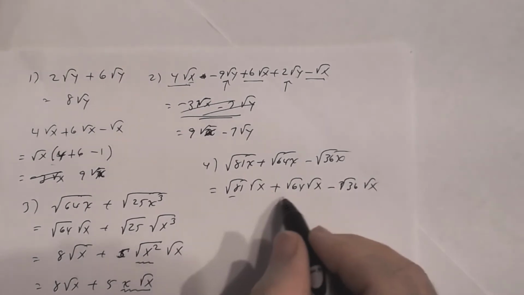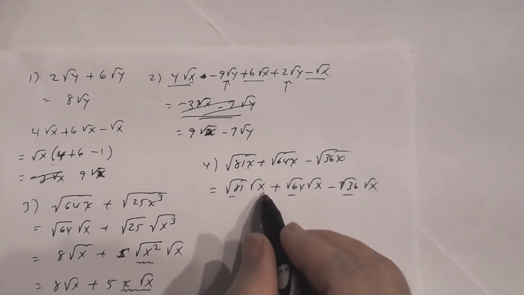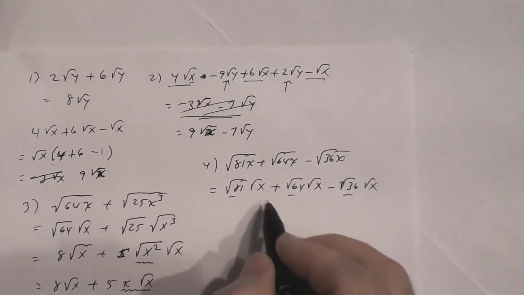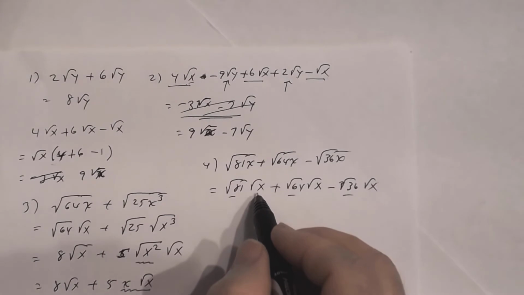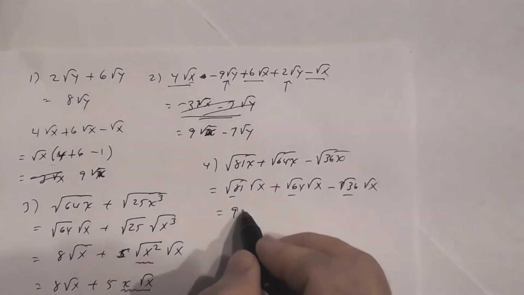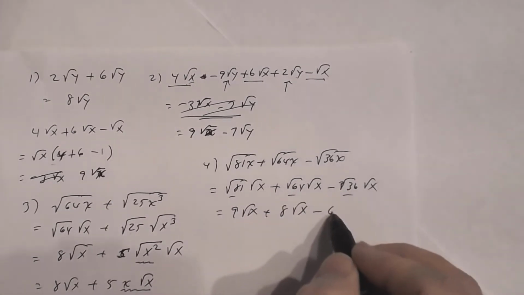I can simplify each of these. I cannot simplify the square root of x, for the same reason we talked about before: the exponent was 1, and 1 is less than 2. But I can write the square root of 81 as 9, so I get 9 square root of x, plus 8 square root of x, minus 6 square root of x.